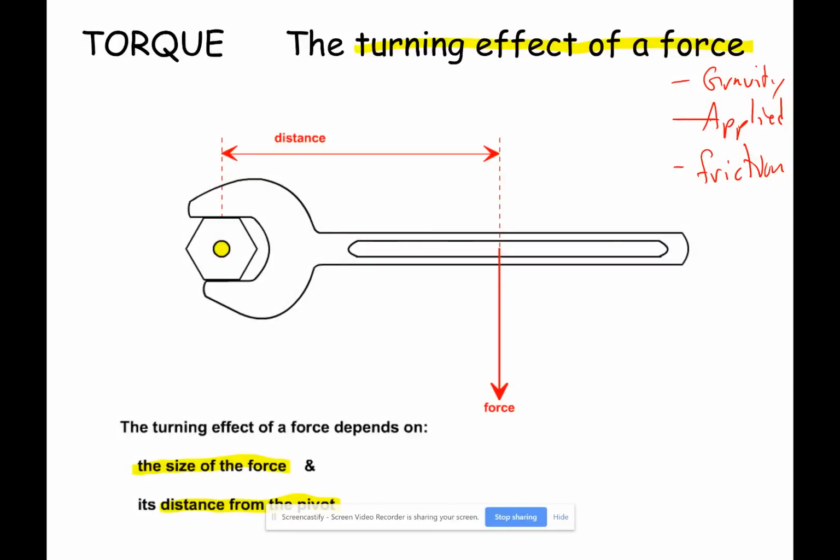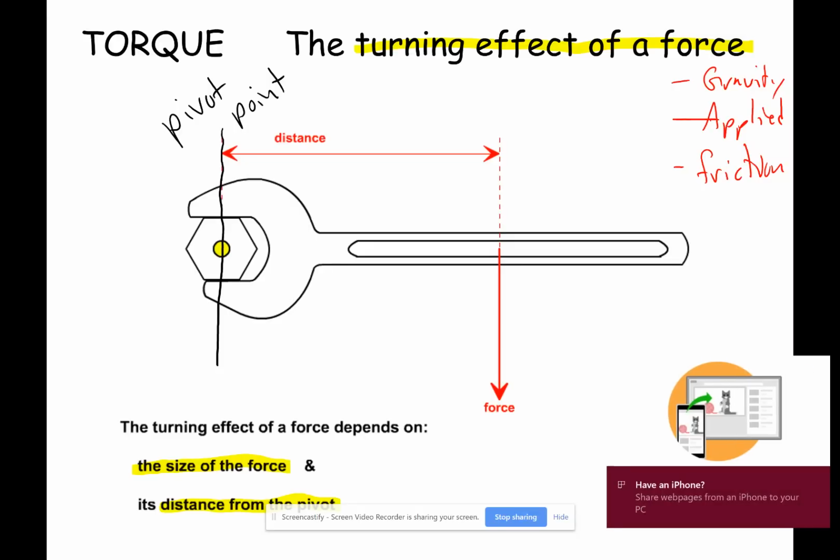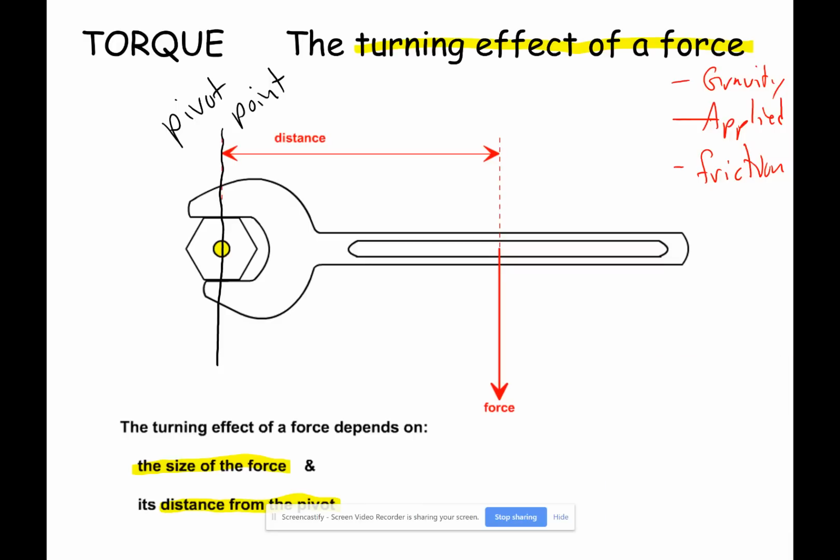We have a wrench here, and right here would be the pivot point, because if you grab hold of that wrench and start rotating it, that's where it starts to pivot, where it starts to turn.